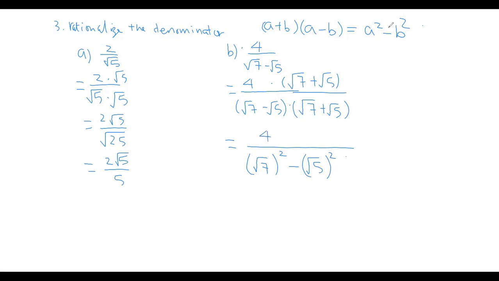And keep the top because sometimes there are some common factors. We can cancel them. We have 7 minus 5. And the top is 4 times radical 7 plus radical 5.